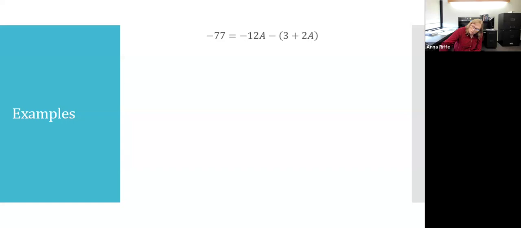Whenever you don't see a number beside the parentheses, you can assume that it is 1. So to begin this problem, you want to start by distributing that -1 over the parentheses. And then you can proceed with the steps that we were doing on the previous one.